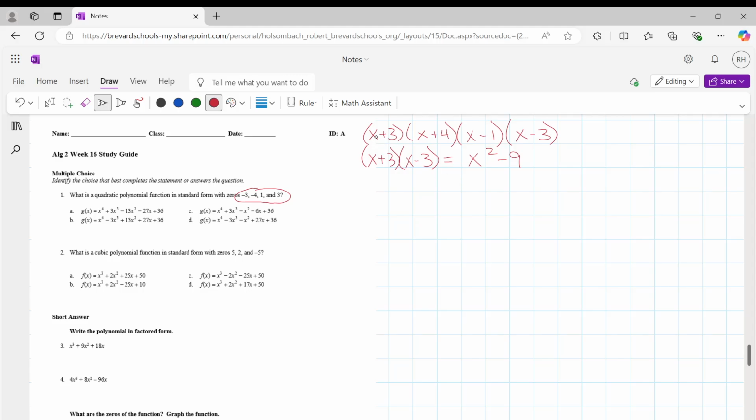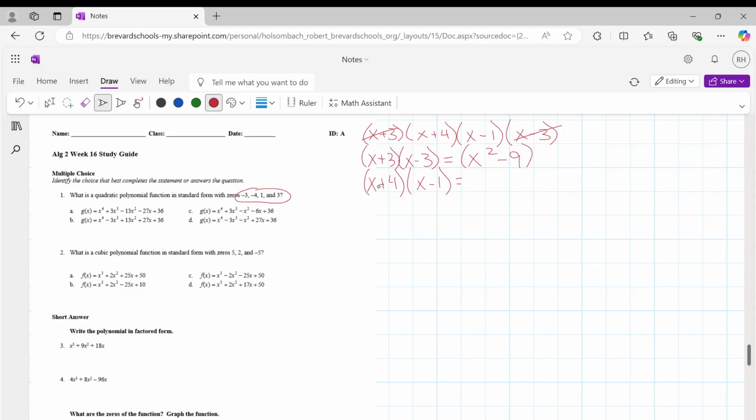So we multiplied the x plus 3 times the x minus 3, and we got x squared minus 9. So now we have to multiply the x squared minus 9 times x plus 4 times x minus 1.